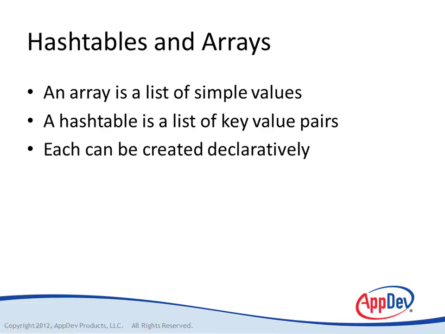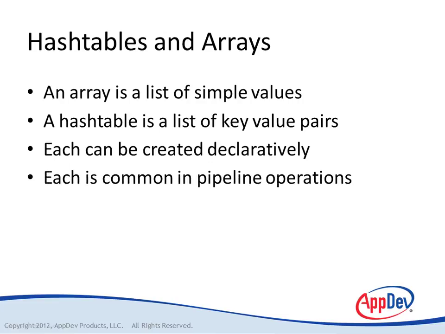Each of these things can be created declaratively without having to create a new object, and each one of them is very common in pipeline operations. But the way they work isn't always exactly intuitive. So let's start off by creating a hash table and an array, and then we'll get a little deeper into how they behave.